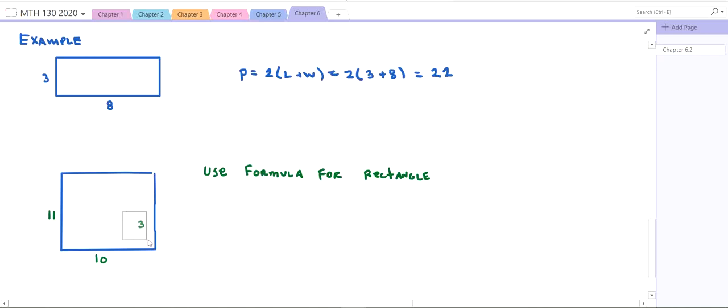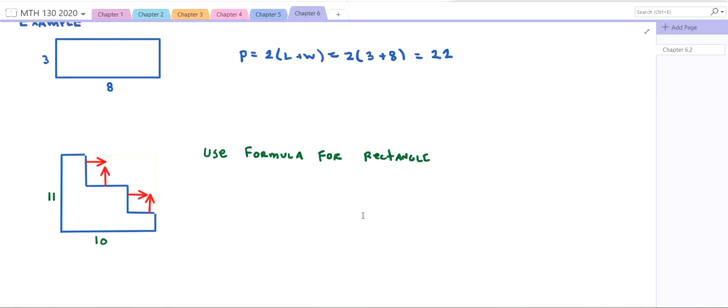And this 3 was really unnecessary. It was kind of just a little bit of misdirection. You don't need to know that it was length 3 to do this. But now you've constructed this, by imagining the lines in a new position, as a rectangle with width 10 and length 11.